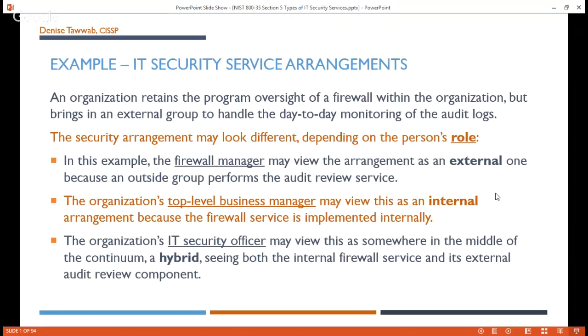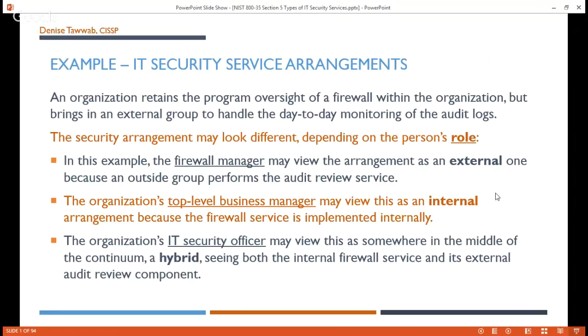And here's an example that we'll talk about. Say you retain, as an organization, you say, okay, we're going to retain control of the firewall within the organization. So our internal team is going to configure and manage the firewall. But what we want to do is bring in an external group to handle the day-to-day monitoring of the audit logs, right? So the security arrangement and how it's defined is going to be characterized differently depending on the person's role.